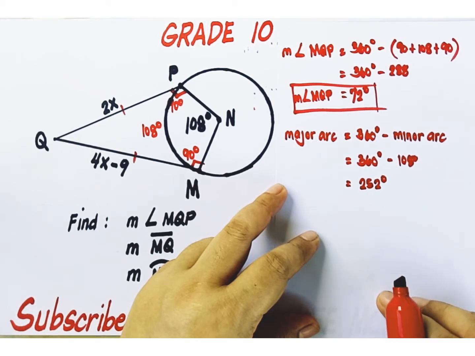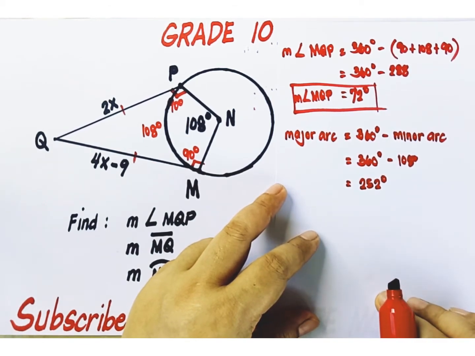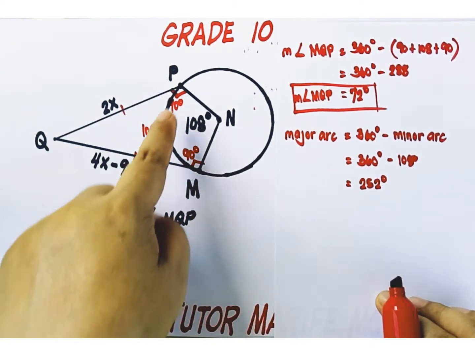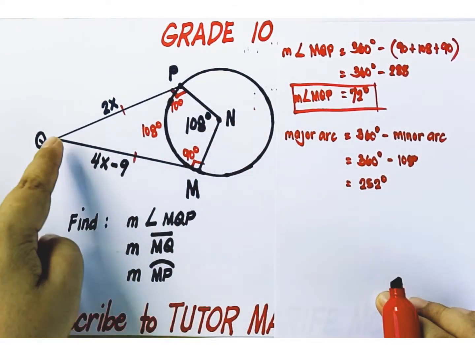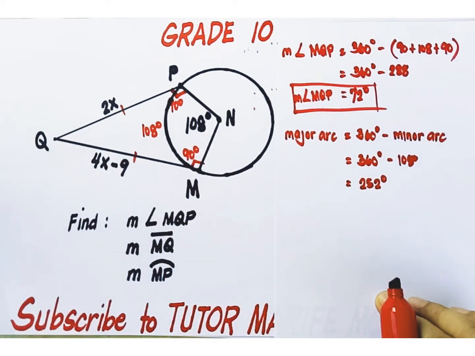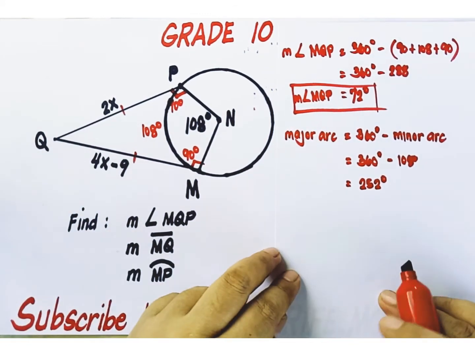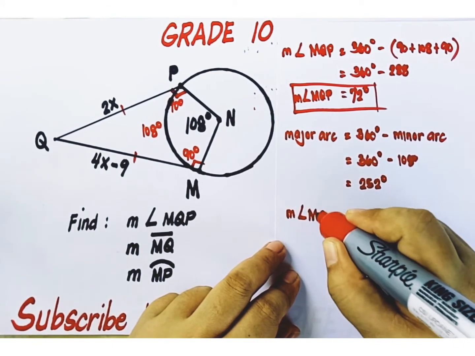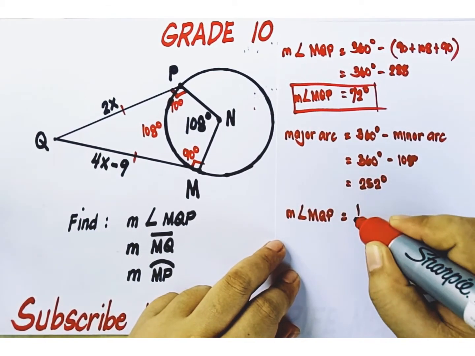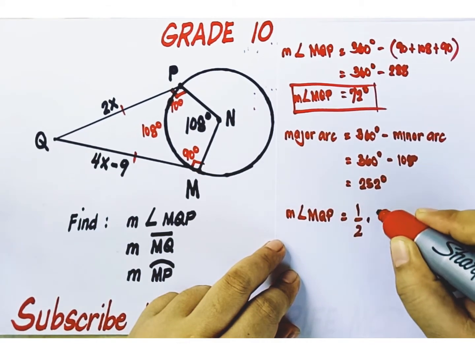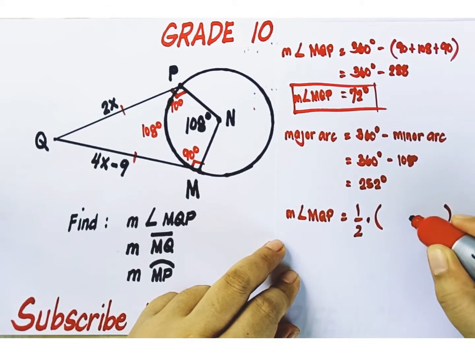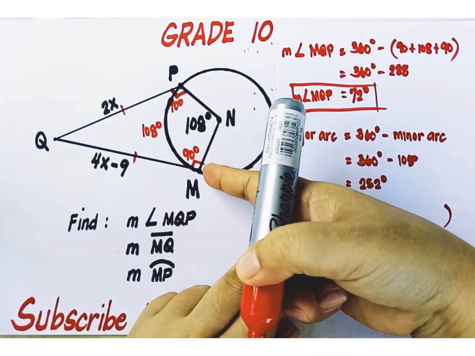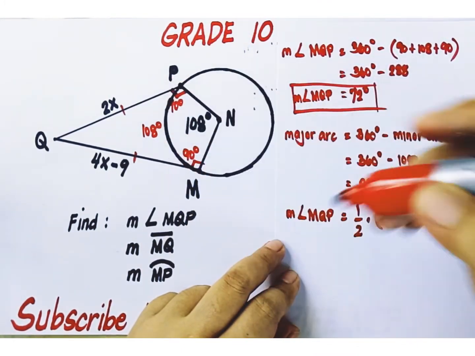And from the outside angles theorem, we take 1/2 of the difference between the two intercepted arcs of the outside angle to find its measure. So measure of angle MQP is 1/2 times the difference between the two intercepted arcs, the major arc and the minor arc.